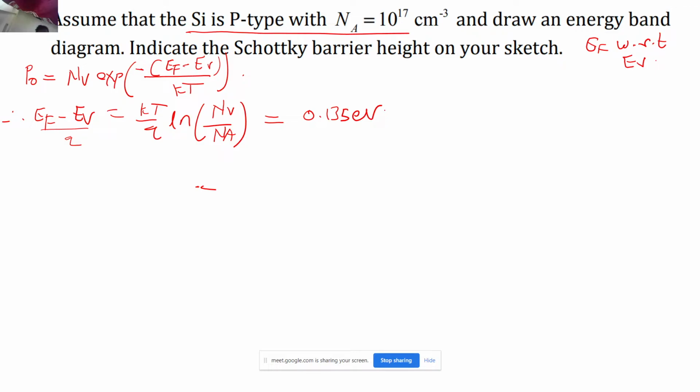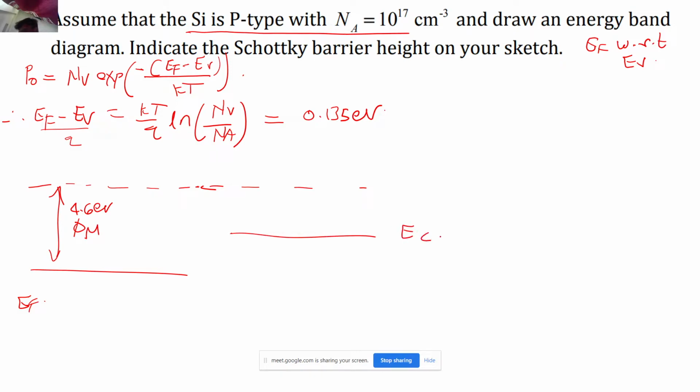Just for the sake of simplicity, let's draw the band diagram before the bending happens, before we join them. So let's say this is my EF, correct? And this has been given to me as 4.6 eV. This is the metal work function. Let's say this is my EC, and this is chi of Si, given as 4.03 eV. Somewhere there will be EI.